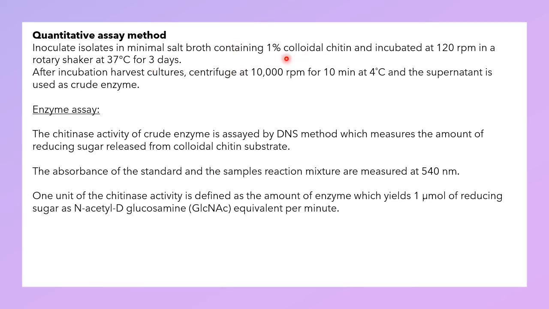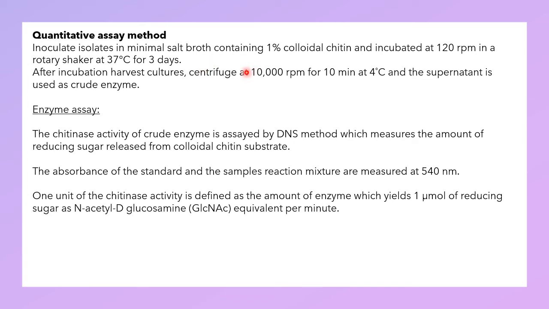Okay, so why this? Because colloidal chitin is a substrate and it is present in your medium, it will enhance the enzyme secretion. Okay, and after incubation you harvest the culture, centrifuge at 10,000 rpm for 10 minutes at 4 degrees Celsius, and the supernatant is used as crude enzyme.